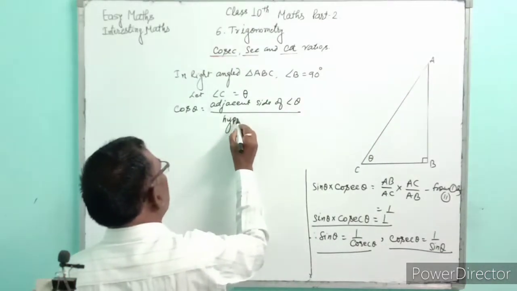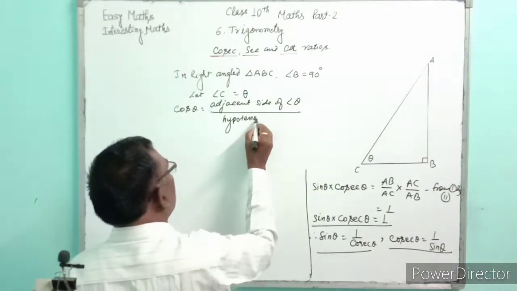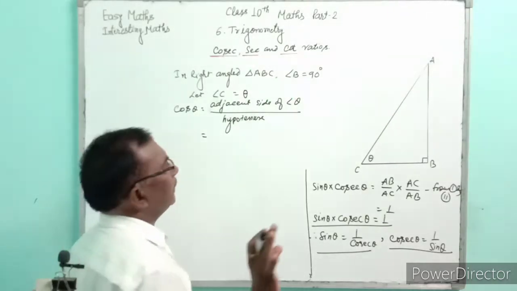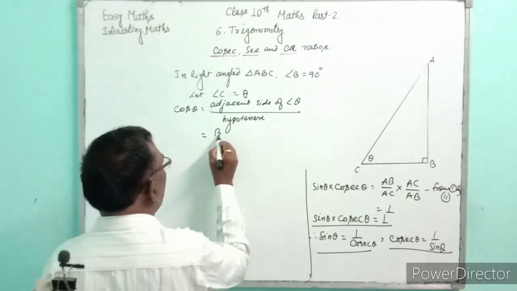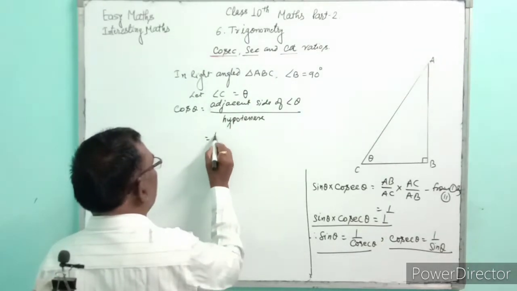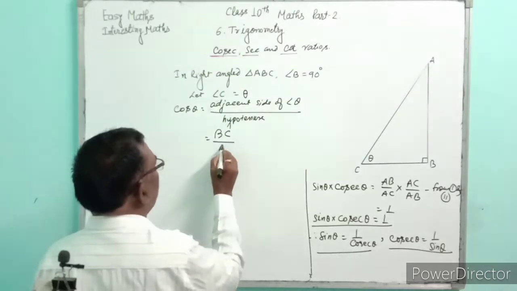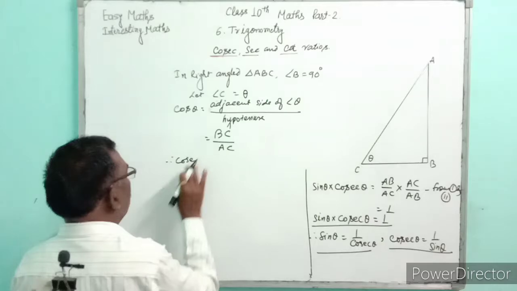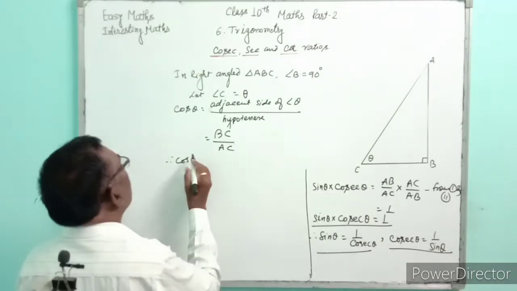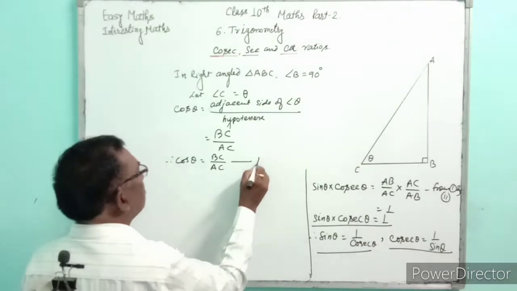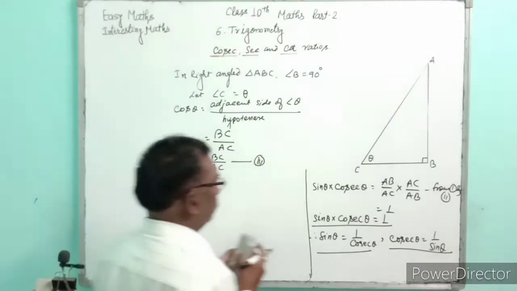So the adjacent side of angle theta is equal to BC, BC upon AC. Therefore, cos theta is equal to BC upon AC. This is number 3.